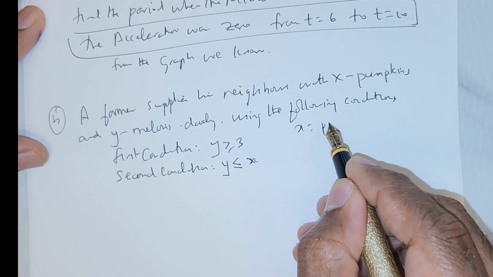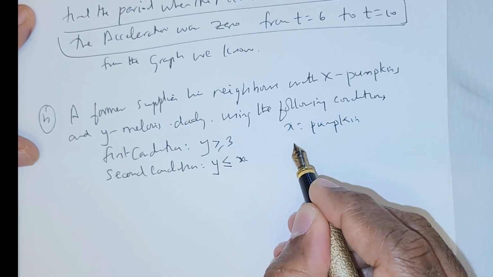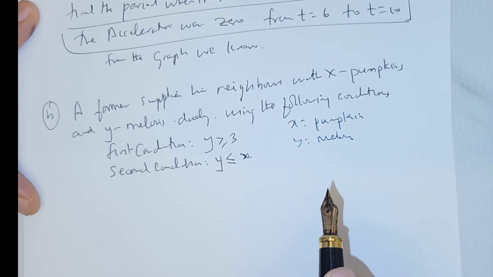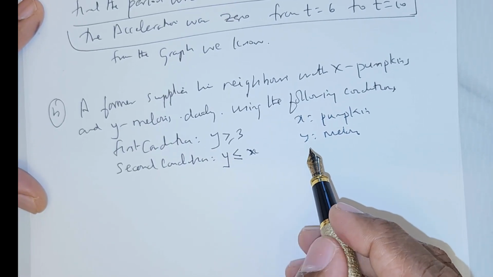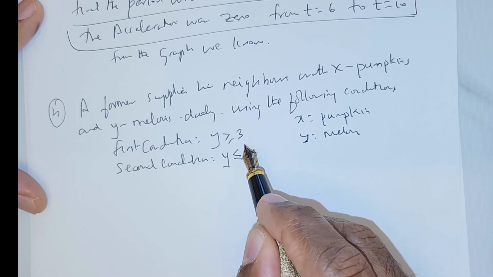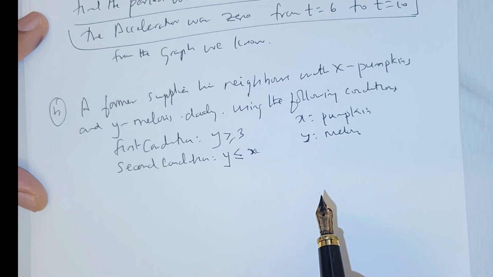And what is x? X is pumpkin. And what is y? Y is melon, right? So y is always greater than or equal to 3. So minimum value is 3, but it cannot exceed x.